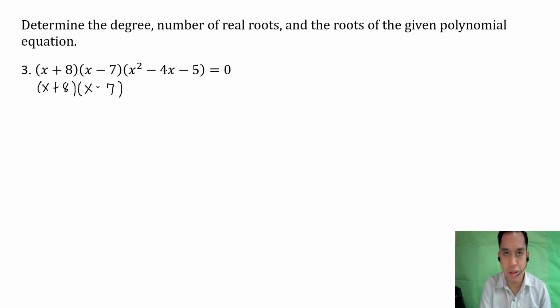What do you think? Is it a linear factor or not? Anyone?